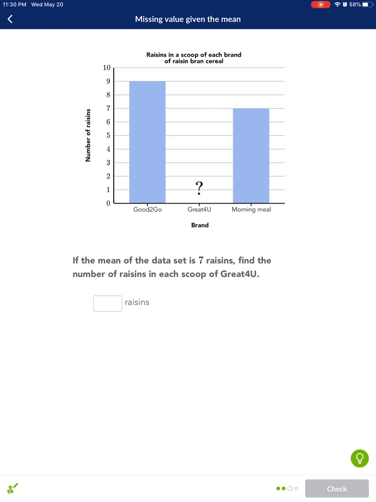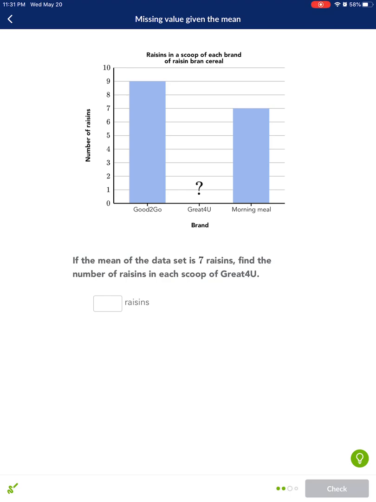Oh, Good to Go has 9 raisins in a scoop of that. We don't know about Great For You, but Morning Meal is 7. So we know the average, or the mean of the data set, is 7 raisins. It says it right there. Oh, I'm underlining it.